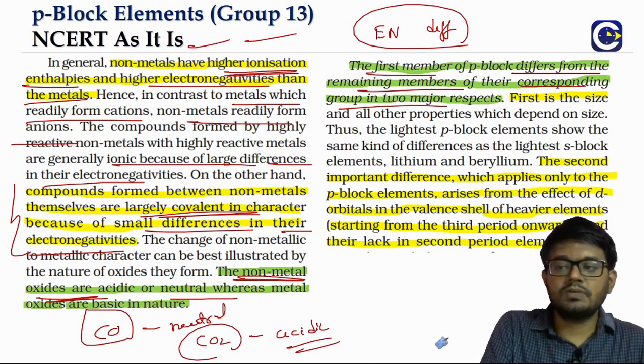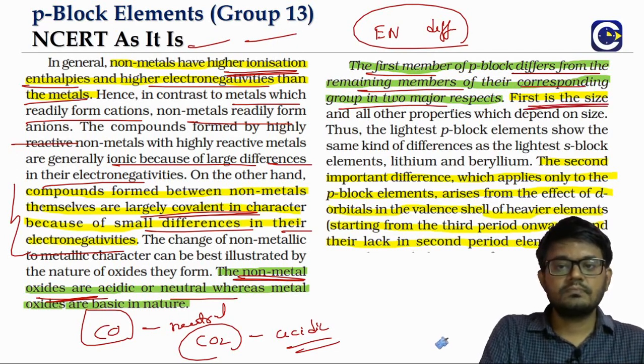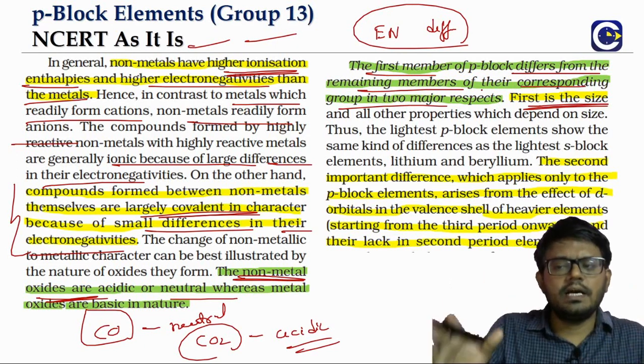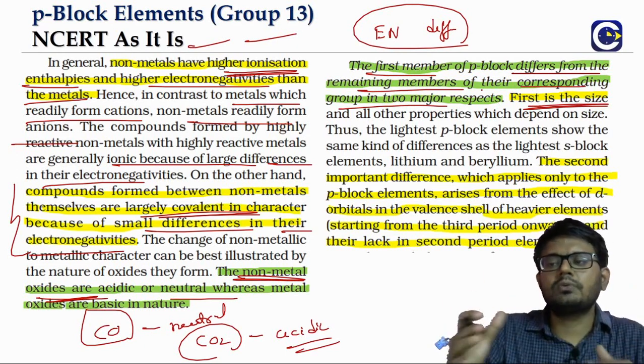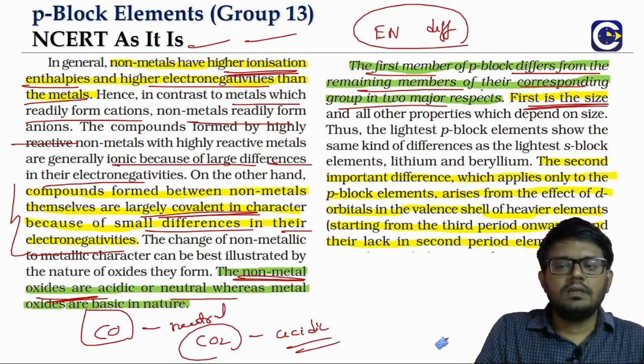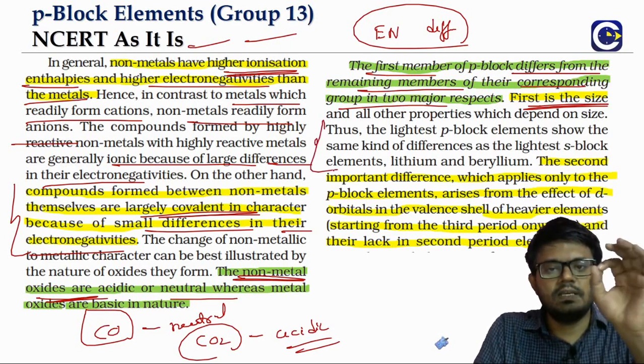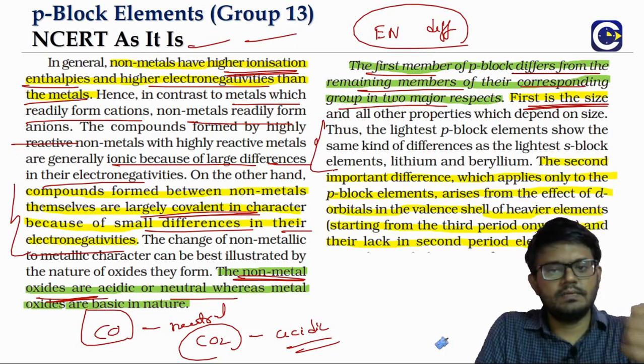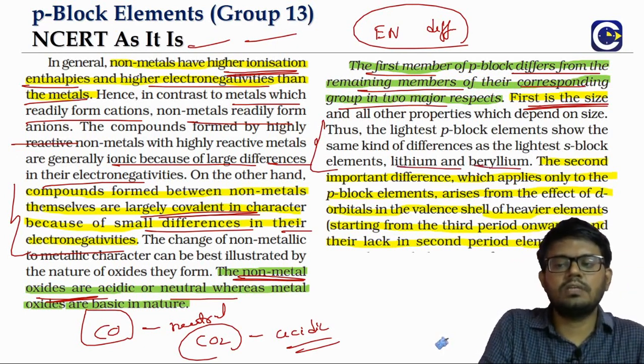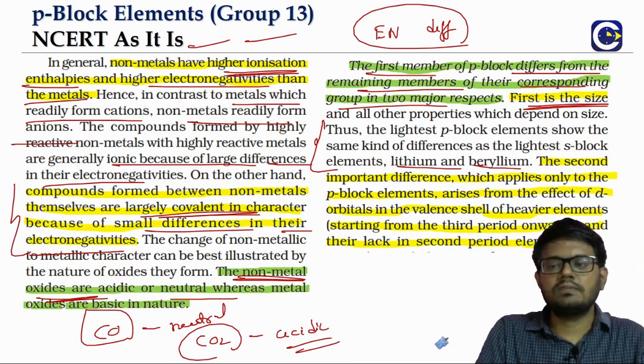One is in terms of size, because they will be exceptionally small in size. Whatever the properties related to size, they will all be different for the first elements of these groups, whether it is boron, carbon, nitrogen or oxygen. This is very much like the anomaly we see in the case of lithium and beryllium.